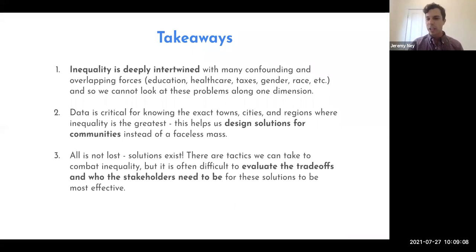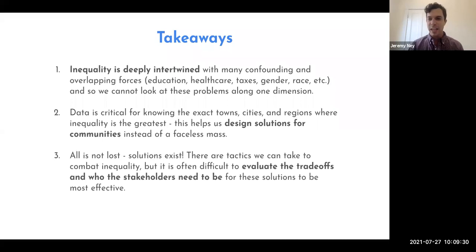Second, data is really critical for knowing the exact towns, communities, and regions where inequality is the greatest. I want to make sure that in this path forward section, we're designing for communities instead of just society or a certain group, but really knowing that this community in Mississippi along the river, this group of people really needs certain action.